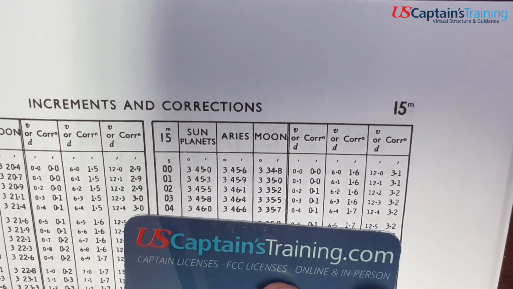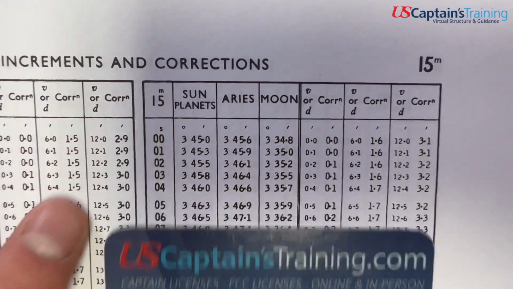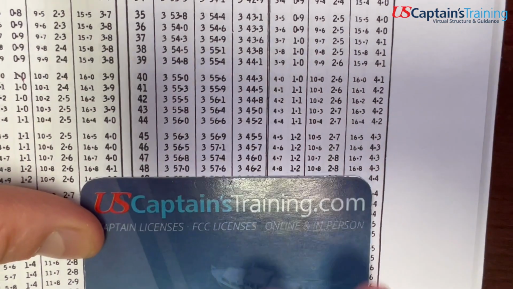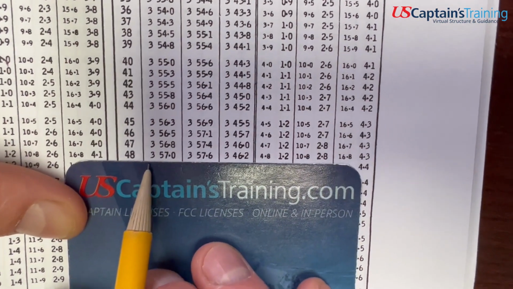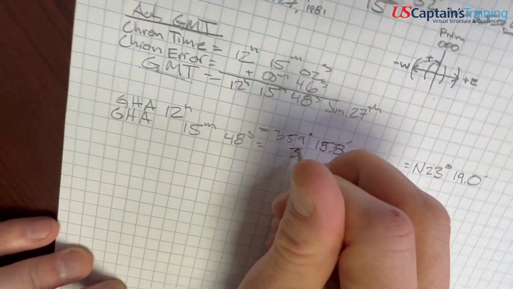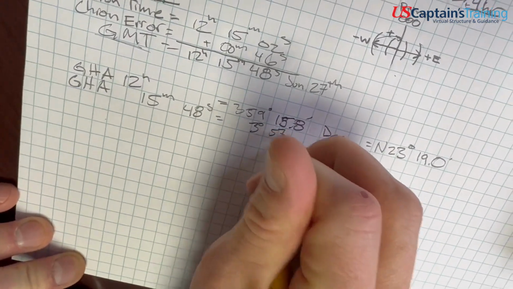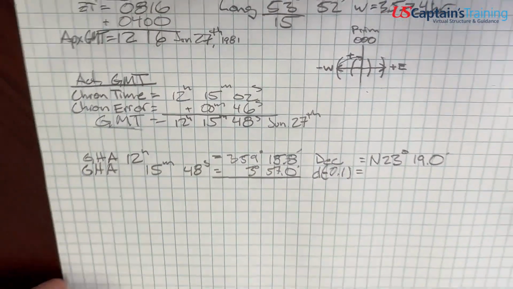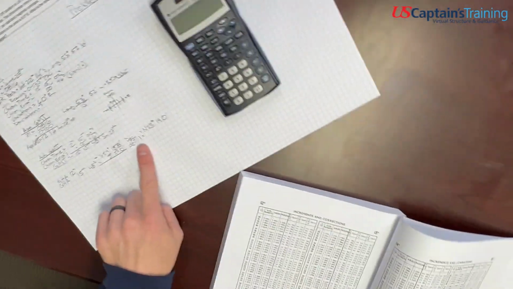We're at 15 minutes, 48 seconds. 15 minutes down to 48 is 3 degrees, 57.0 minutes.